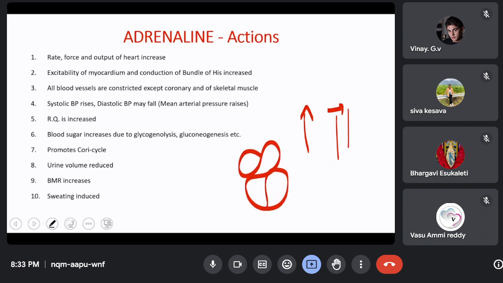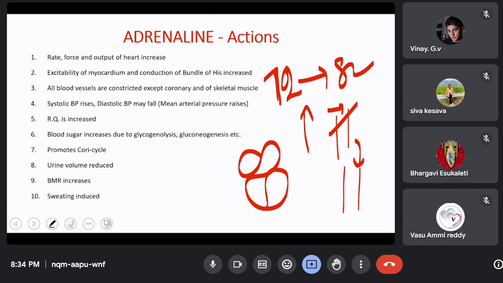Continuously, if the heart beats for more than, for example, for every minute there are 70 to 80 beats per minute, on an average 72 or 75, if this is increased due to vasoconstriction to 82, what happens? The heart muscles get weakened. It may result in heart attack also. So vasoconstriction should always be followed by vasodilation so that it comes to normalcy.